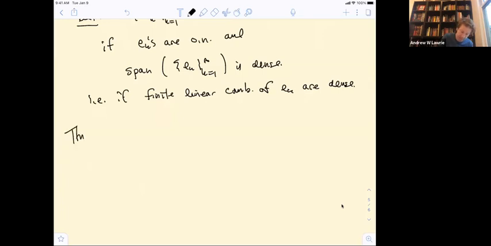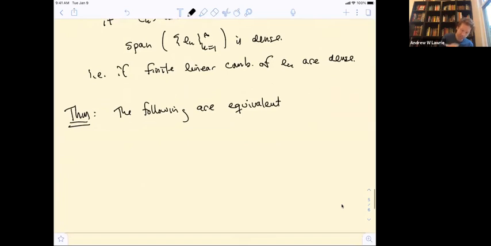So we have the following theorem. The following are equivalent. If any one of these assertions holds, then the others hold as well.